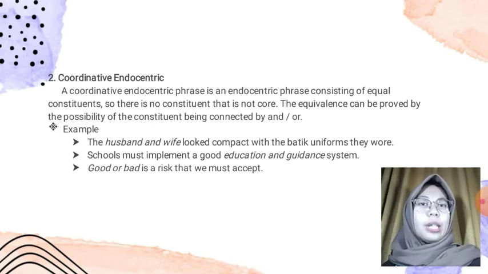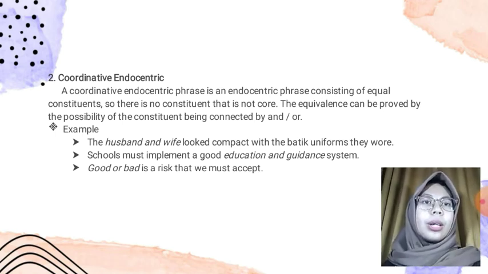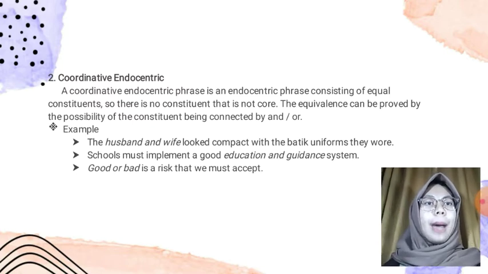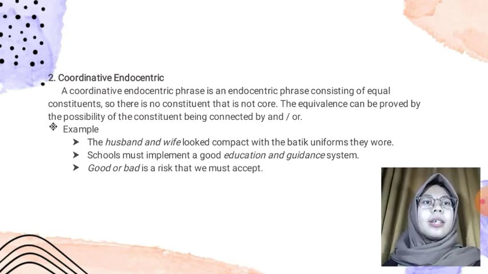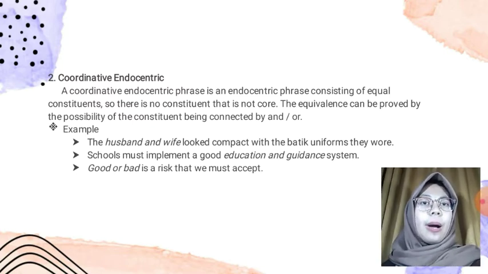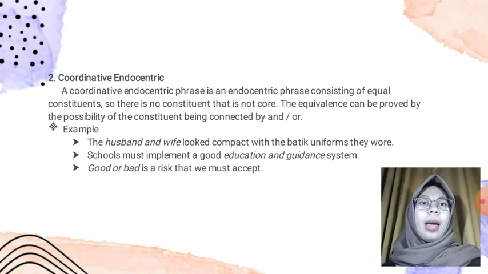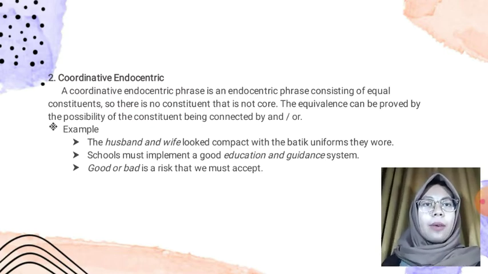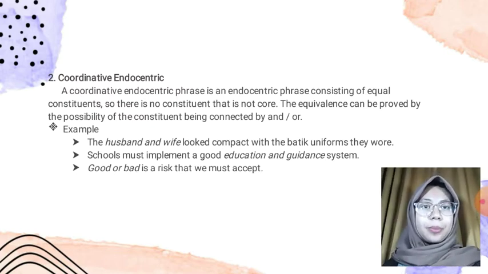Okay, so the first example is: The husband and wife look compact with the batik uniforms they wore. So, the coordinative endocentric is husband and wife. Okay?